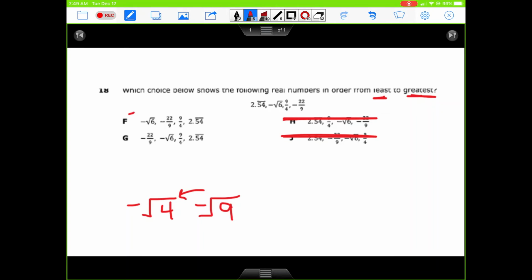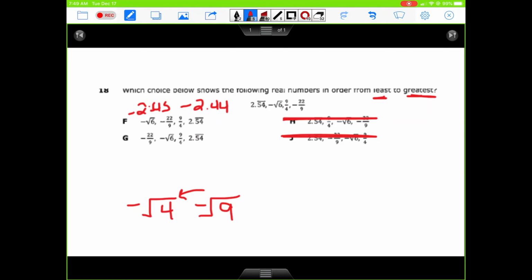I kind of cheated a little bit, which in 8th grade, y'all will get to use a calculator, because negative square root of 6 and negative 22 over 9 are very, very close when we change it to a decimal. So negative square root of 6 is going to give us negative 2 and 45 hundredths. And then if we divide negative 22 over 9, we get negative 2 and 44 hundredths.